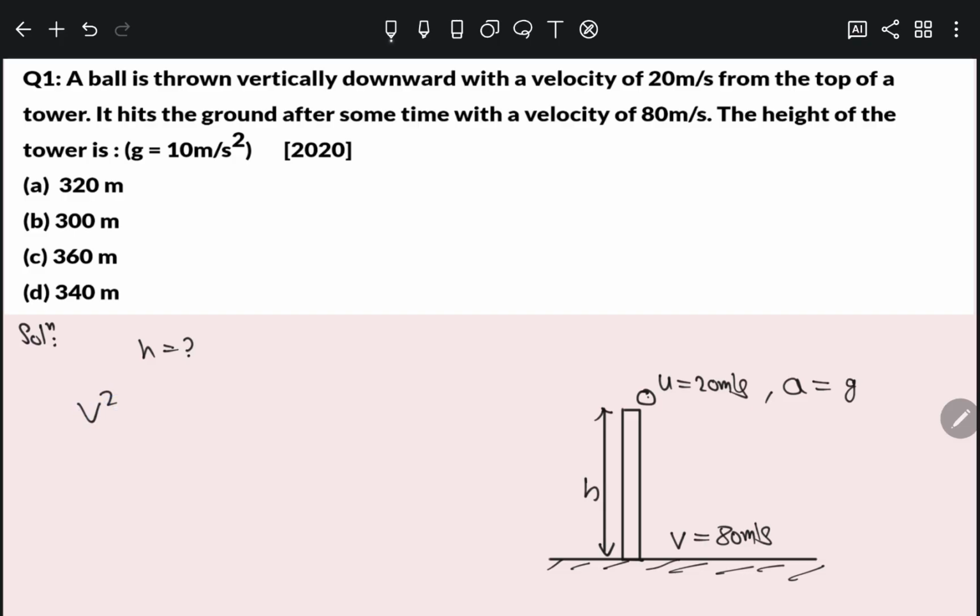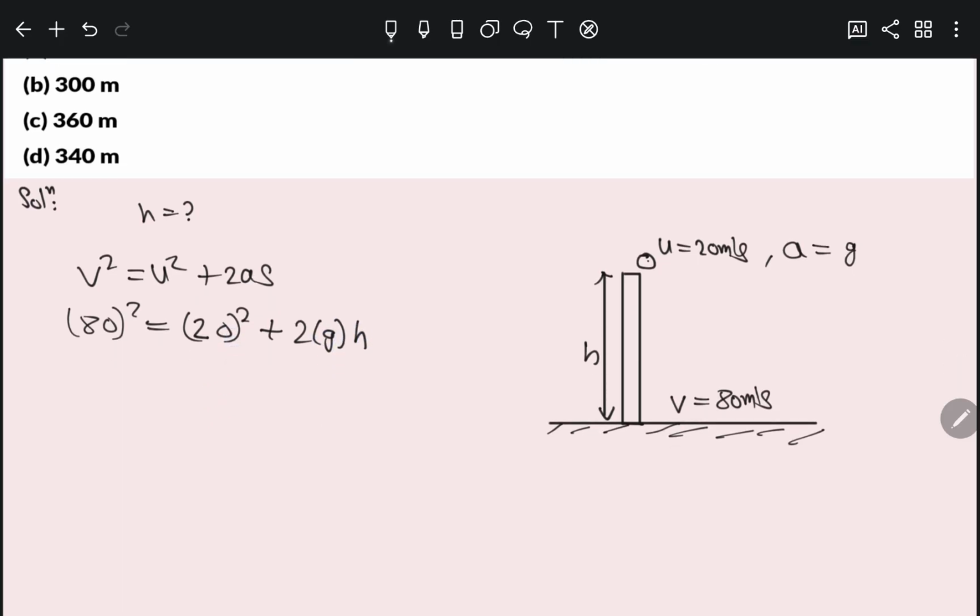So v square is equal to u square plus 2as. The final velocity is 80 square, initial velocity is 20 square plus 2 times acceleration g, distance h, right?